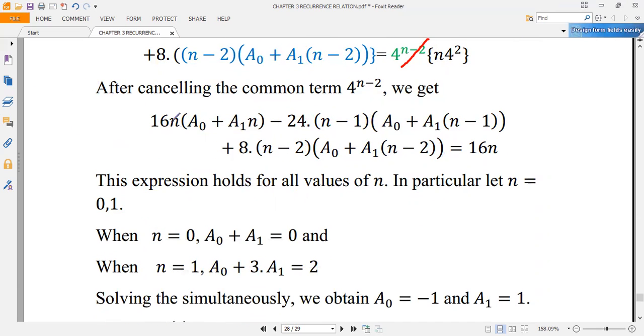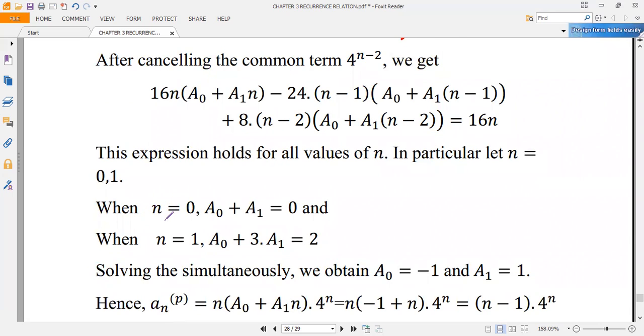Now, this expression holds for all values of n. So substituting the values 0 and 1 in particular, you will get two equations. When you substitute n is equal to 0, you get a0 plus a1 equal to 0. When we substitute n is equal to 1, we get a0 plus 3a1 equal to 2.